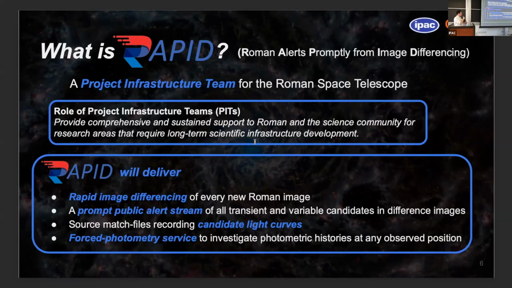We'll also provide source match files recording those light curves, which will sort of be appended as we go, and an on-demand force photometry service that runs on our difference images to investigate the photometric histories at any of these observed positions that you might be interested, whether we discovered a transient there or not.